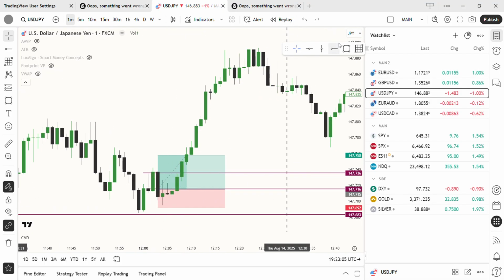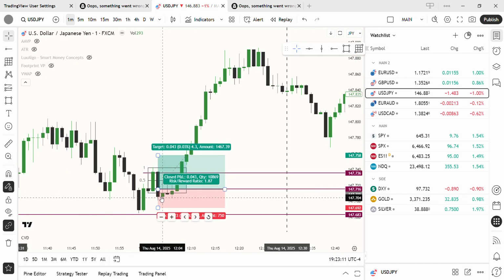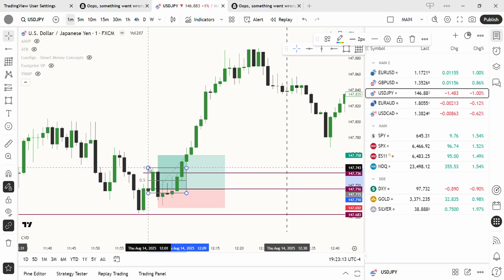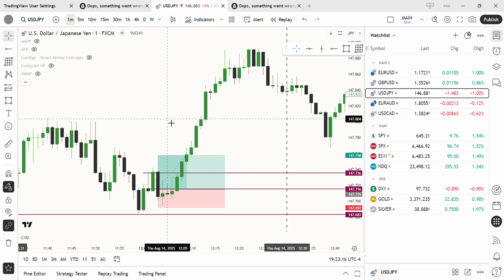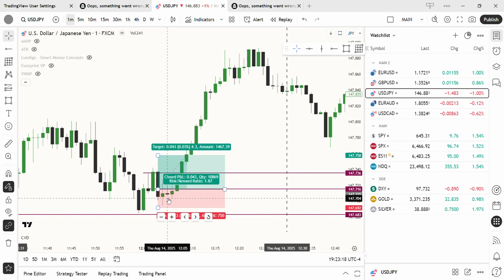Let's see, what do we get? Past equilibrium. It's a Class B setup. Comes down, barely gets stopped out, and finally breaks through.